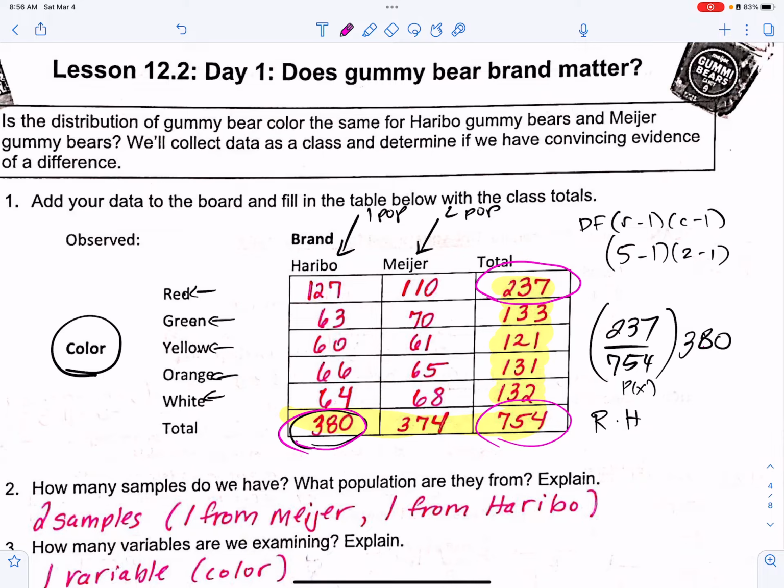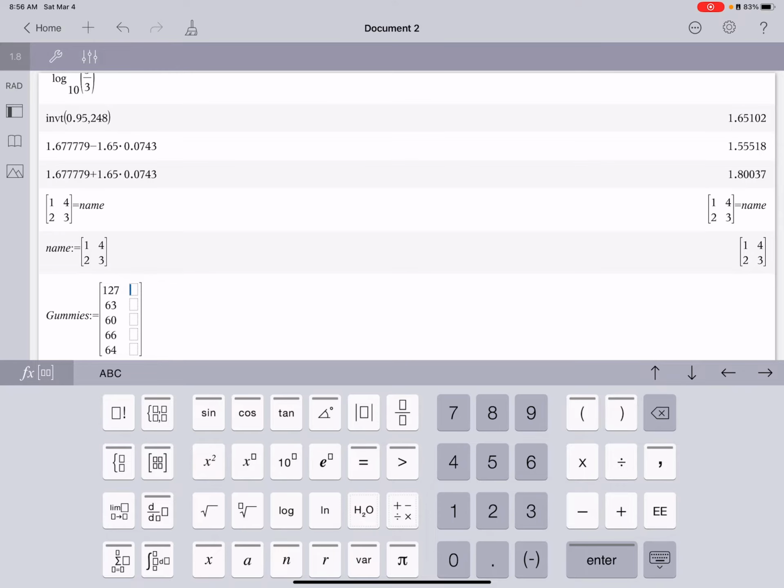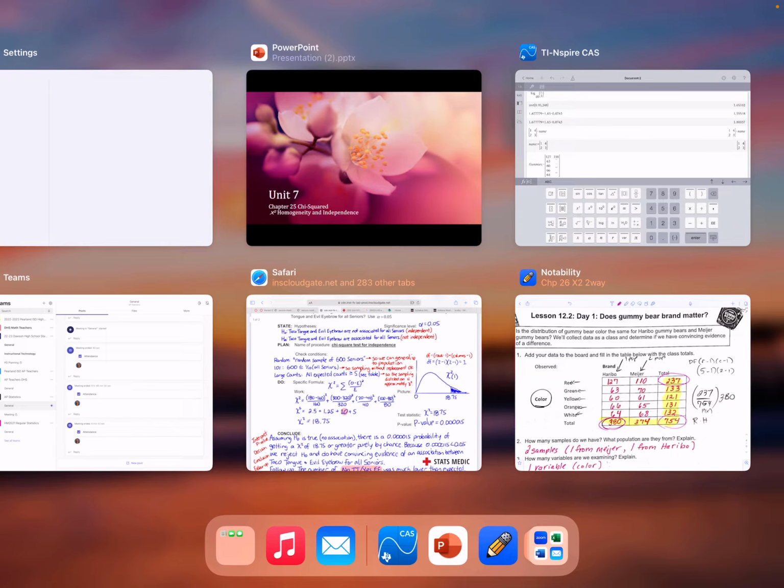Then the next one is the Meyer, which is 110, 70, 61, and 68.